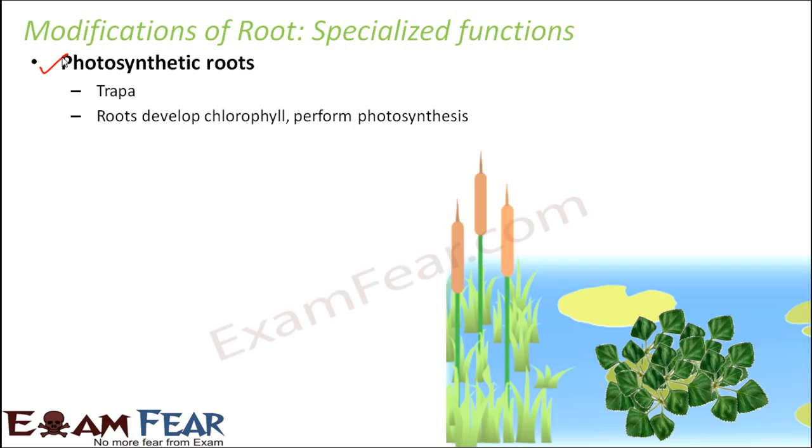So here we see that the roots develop chlorophyll, and whenever chlorophyll is there, they are capable of performing photosynthesis. So here also the roots are above the ground. So here you can see this is how a trapa looks like. They have these kind of leaves, and the roots are also present on the surface of the water. So these are an example of photosynthetic roots.